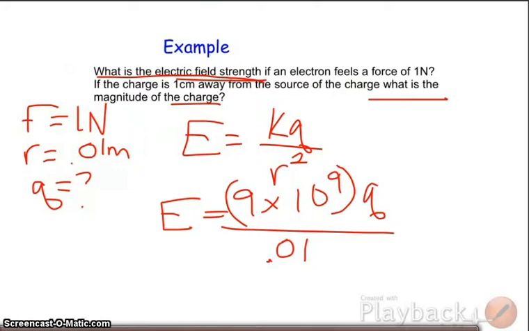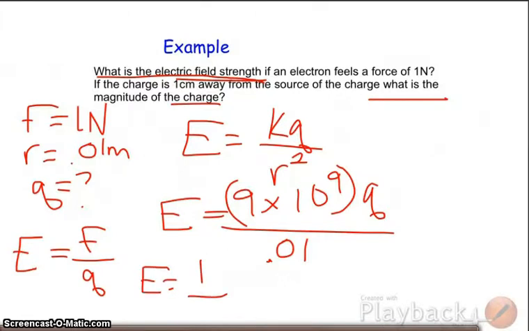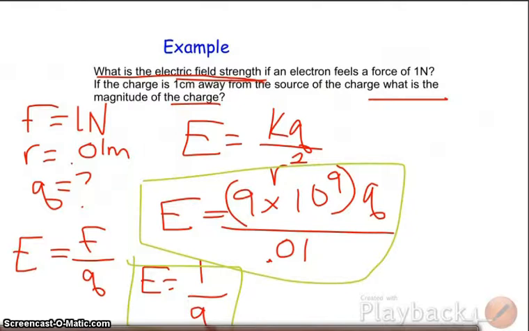Now, if we look at the other equation, E equals F over Q, so E equals 1 over Q. We have 2 equations, both equal to E, right? So we can set them equal to each other. So 1 over Q equals 9 times 10 to the 9th times Q over 0.01.